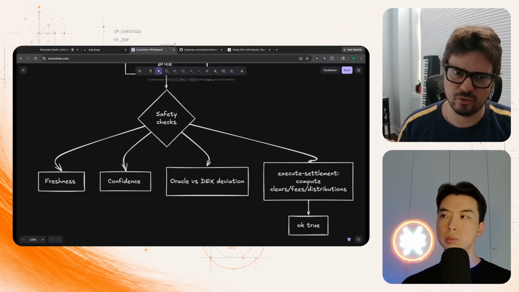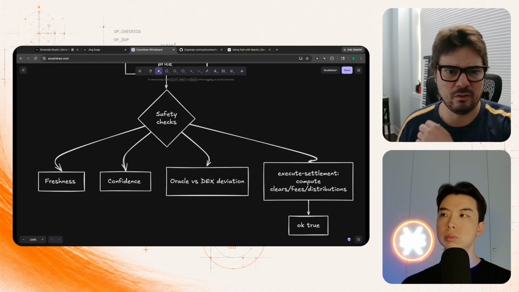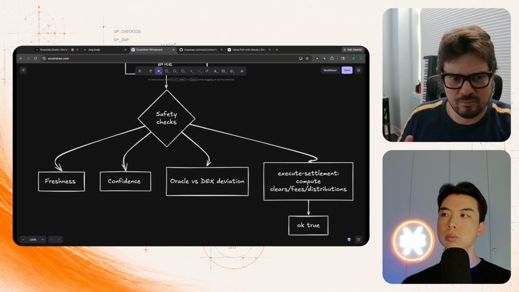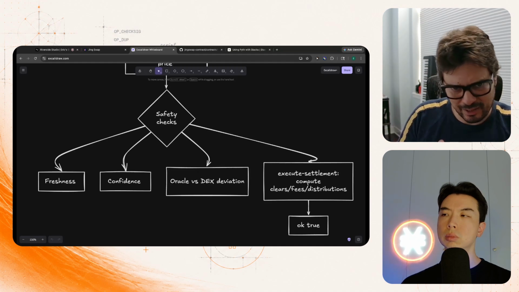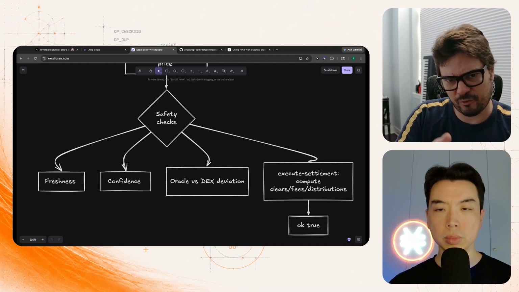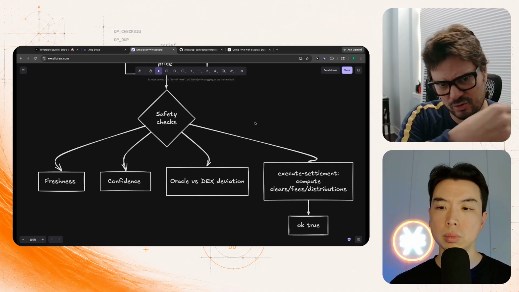If it's violated, you don't settle this particular user. If it's not violated, then proceed. Even if Pyth goes crazy, the Clarity code verifies that Pyth is not violating your limit price, and therefore proceeds. If it is violating, then it rolls this particular user over to the next cycle.